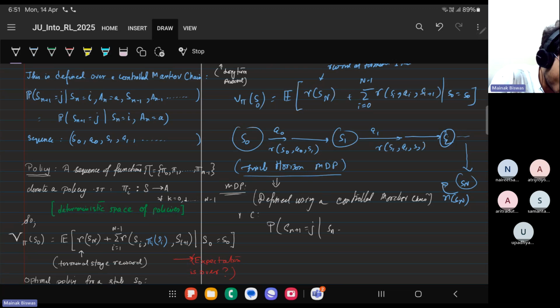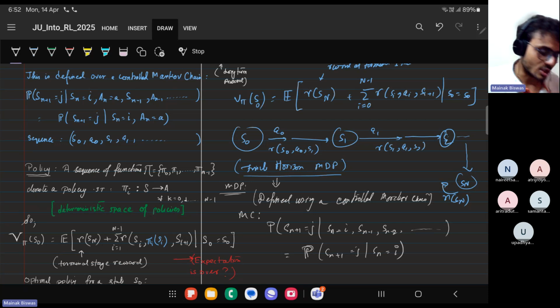Can anyone recall what a Markov chain is? It's a random process where the next state depends only on the present state. So just Sn equal to i. So this is the Markov chain.